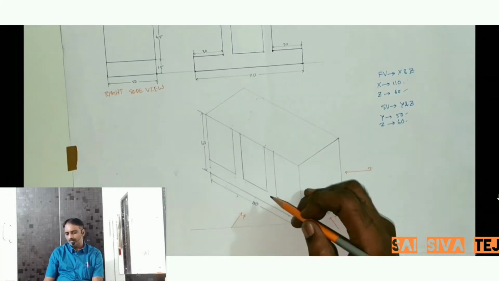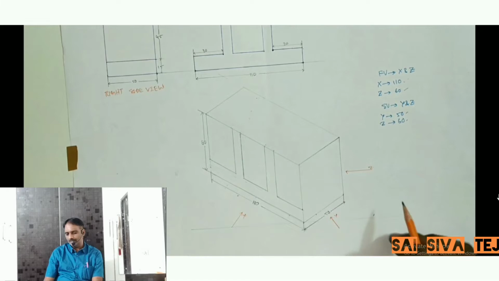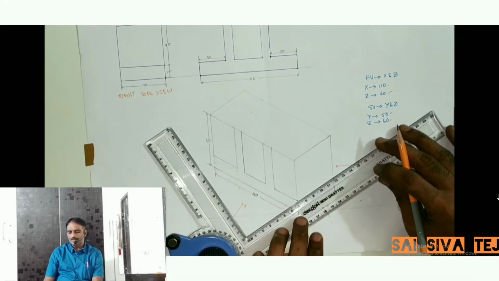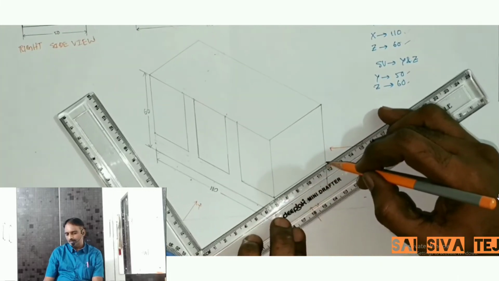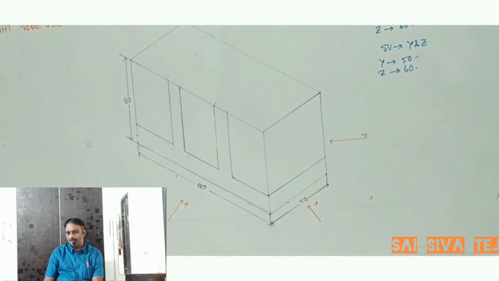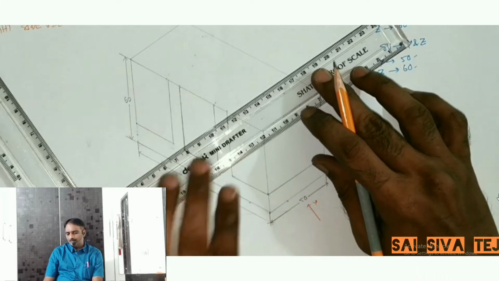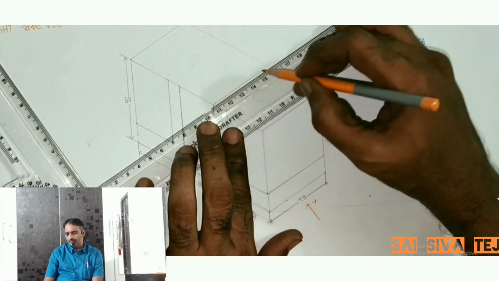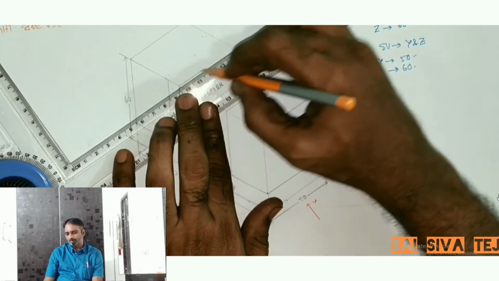And once the front view is represented, next we have to go for the side view. Side view is also represented here. After that, I am projecting the front view as shown.